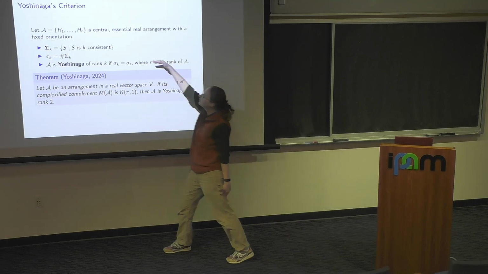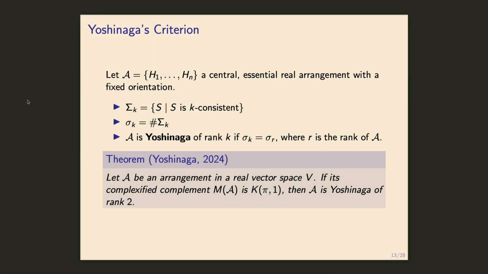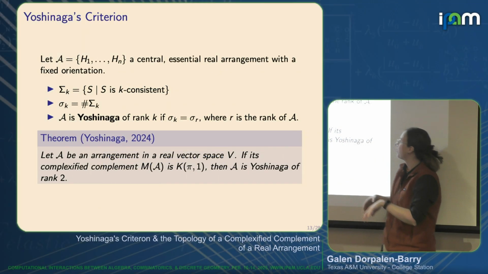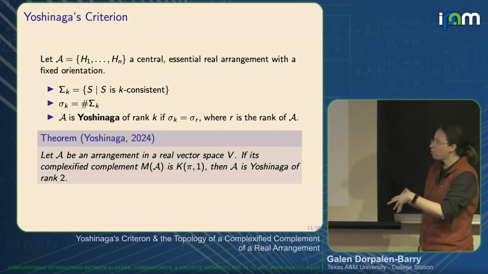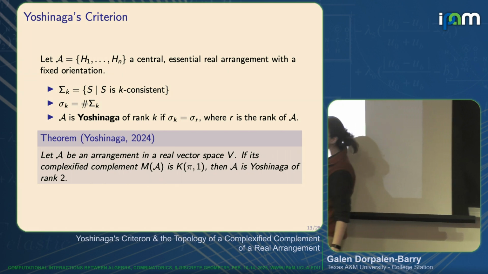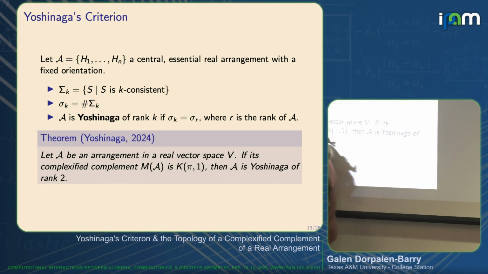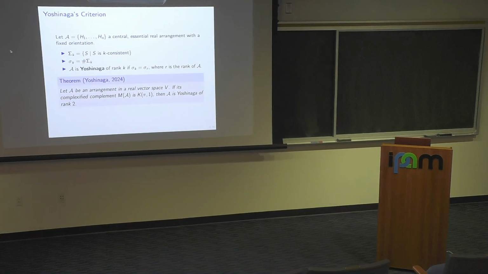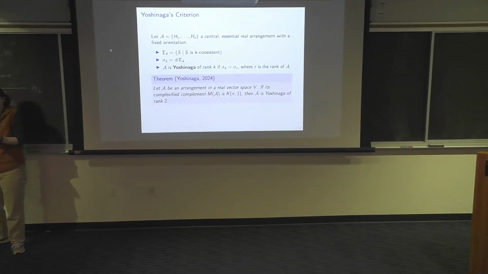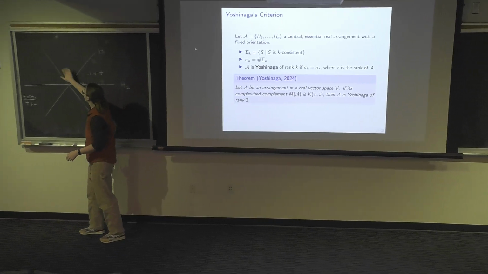I say that big sigma is the collection of all K-consistent signed sets, and then little sigma is the number of those things. And I say that your arrangement is Yoshinaga of rank K if little sigma of K is equal to little sigma of R, where R is the size of the largest circuit of the arrangement. So what I mean is, at some point sigma R doesn't keep changing. In this case, if you check all 3 positions, you are always going to just determine the number of chambers of the arrangement.